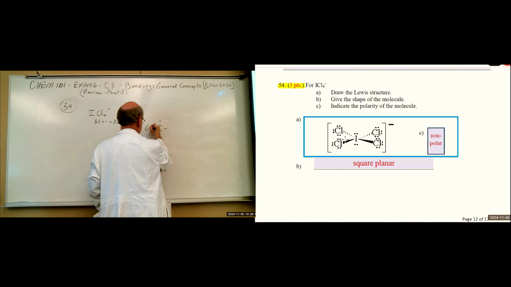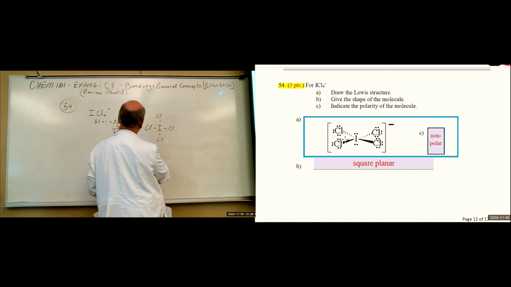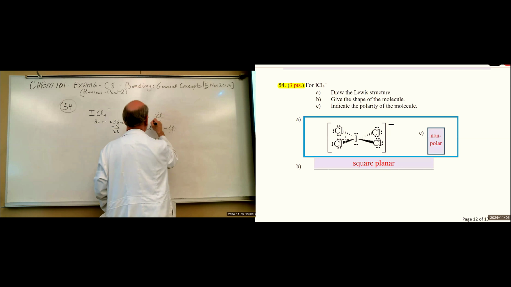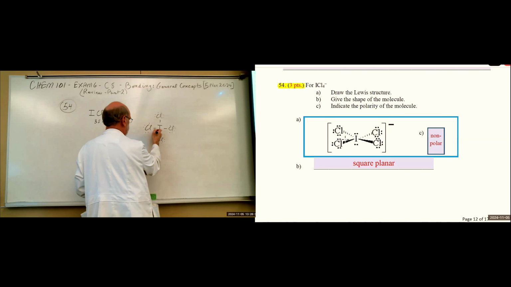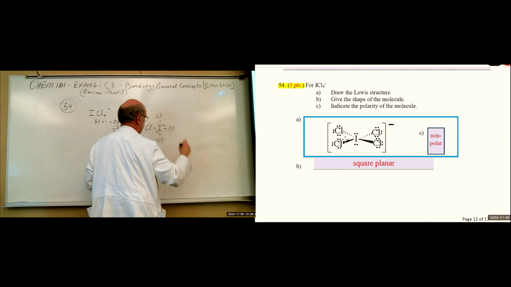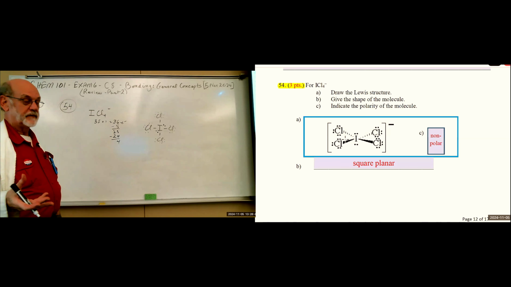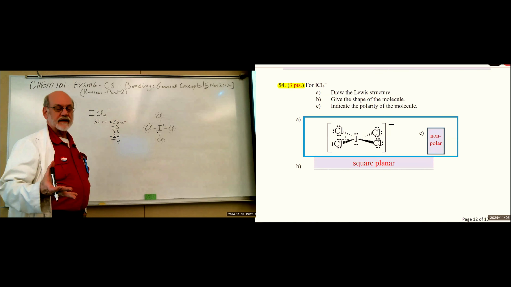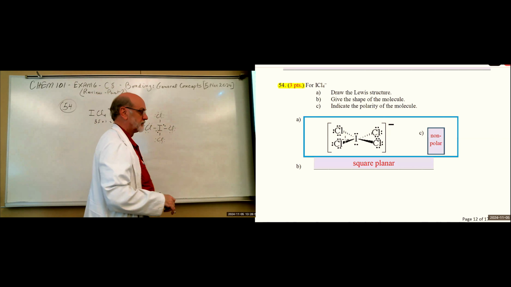And we have chlorine, 2, 4, 6, 8, which was 28, right? 2, 4, 6, 8, 10, 12, 14, 16, 18, 20, 22, 24. Is 4. Goes there, there. Okay. 6 groups around iodine. Electronically, it's octahedral. When we have lone pairs in an octahedral arrangement, they go at the apexes.